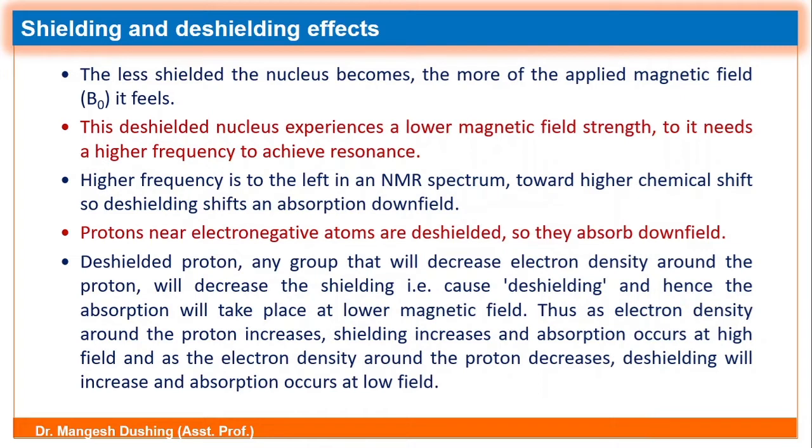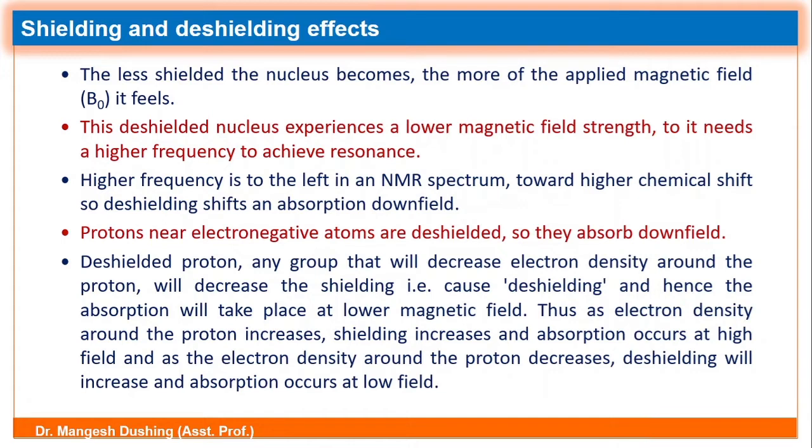Thus as the electron density around the proton increases, the shielding also increases, and the absorption occurs at high field, up field. As the electron density around the proton decreases, shielding decreases and de-shielding increases, and the absorption occurs at low field.